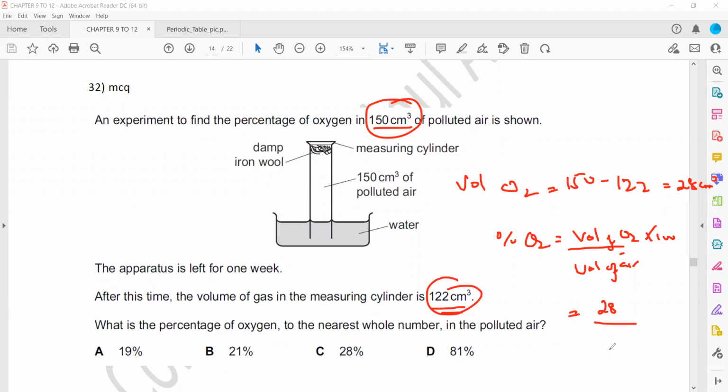So 28 divided by 150, multiplied by 100, gives 18.66, which to the nearest whole number is 19. So it is about 19% oxygen.